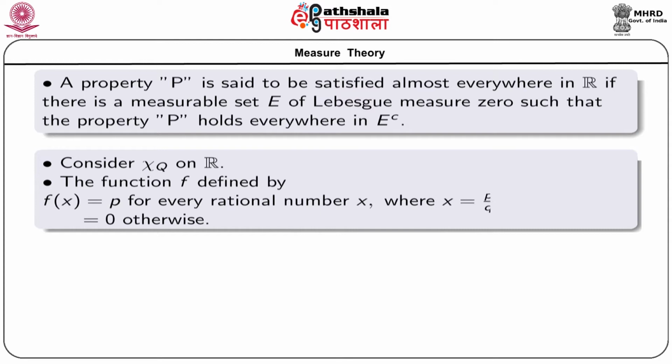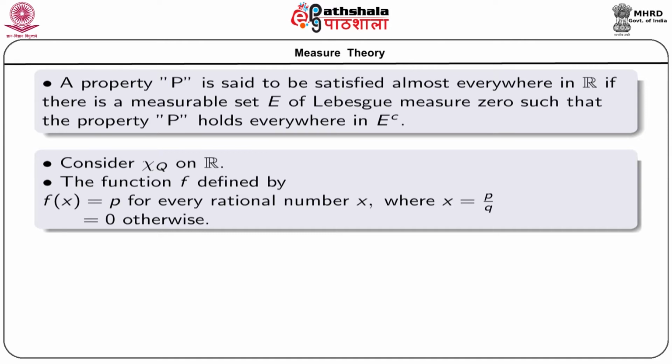Consider the function f defined by f(x) equal to p for every rational number x, where the rational number x is of the form p/q, where obviously GCD of p and q is 1, and it takes the value 0 otherwise, that is it takes the value 0 at all irrational numbers.